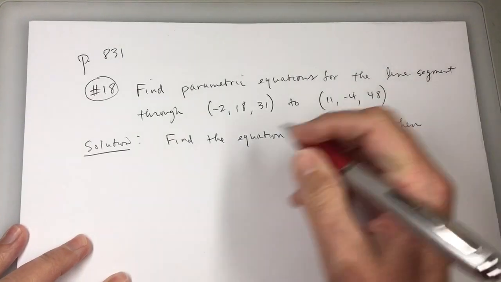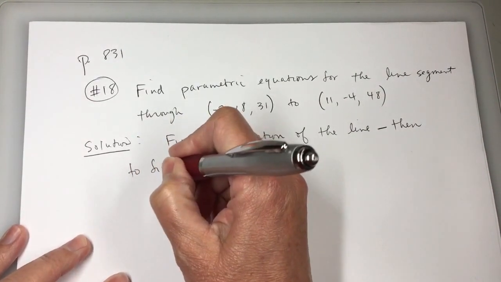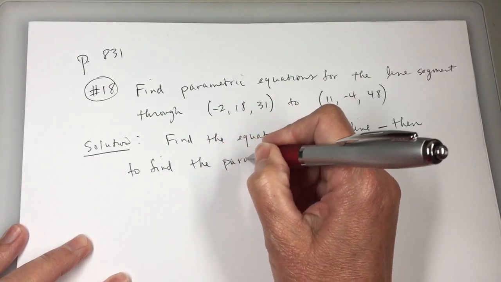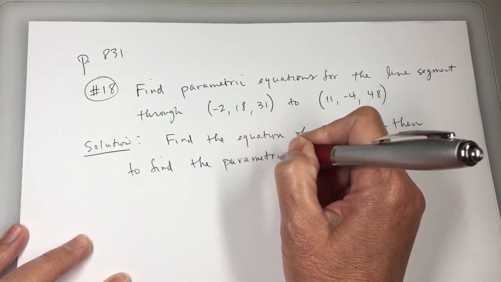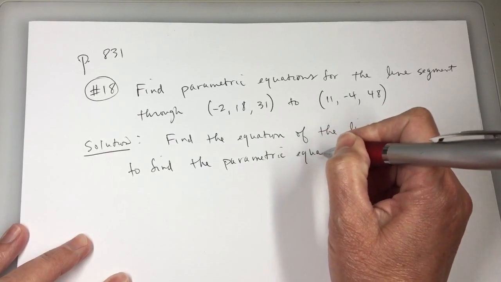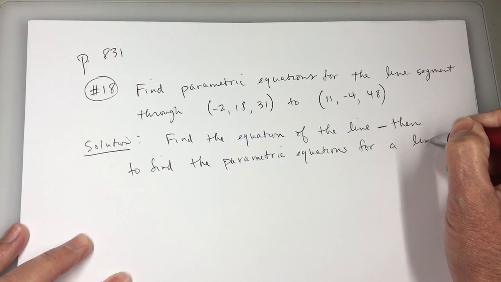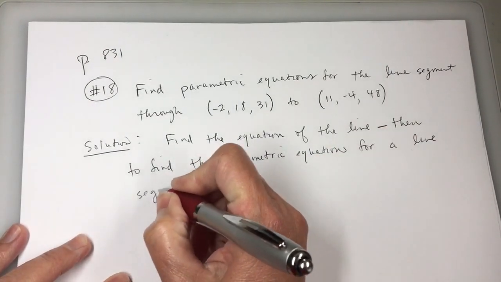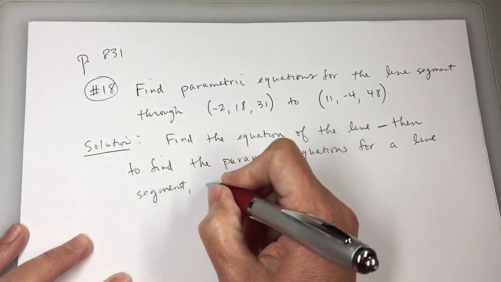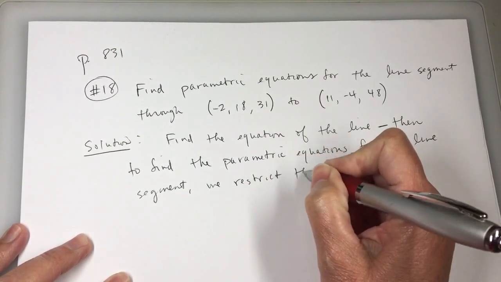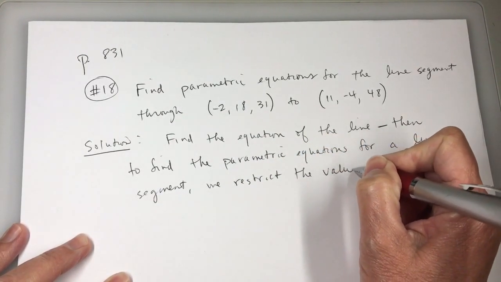So to find the parametric equations for a line segment, we restrict the values of t.